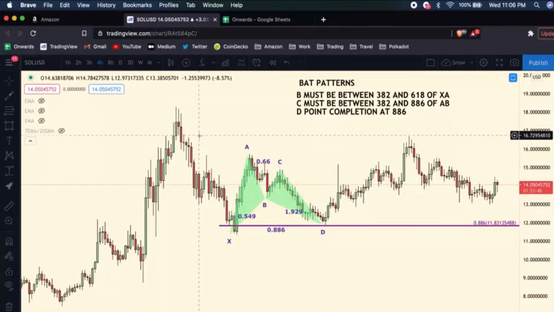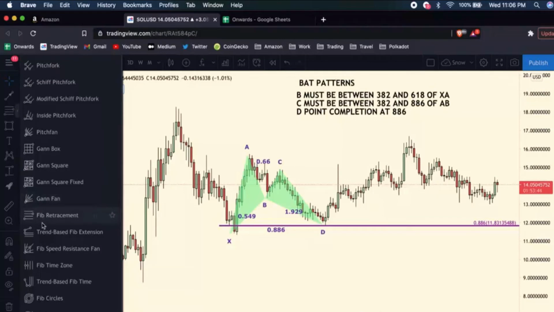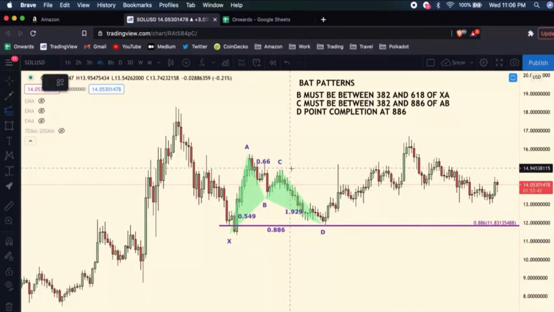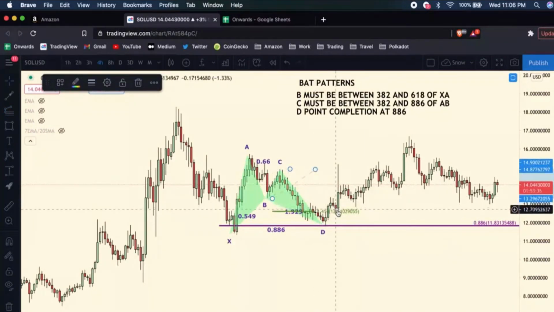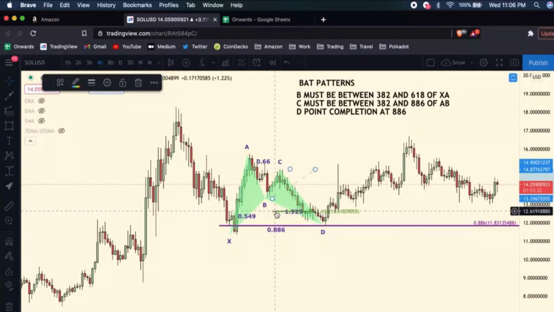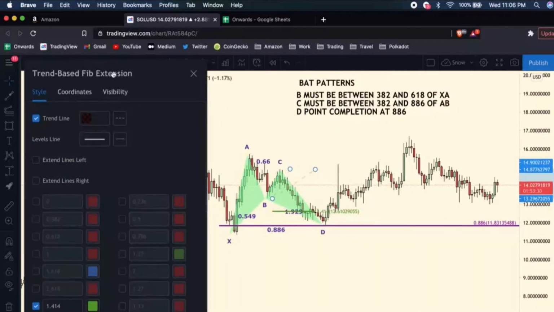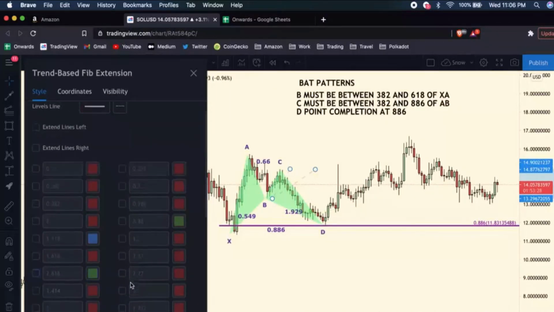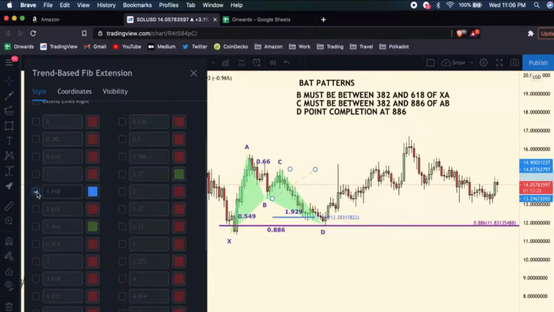Let's look for some confluence, shall we? So let's grab our trend-based fib extension to look for our good friend BC projection right there, and you can see the back goes deeper.